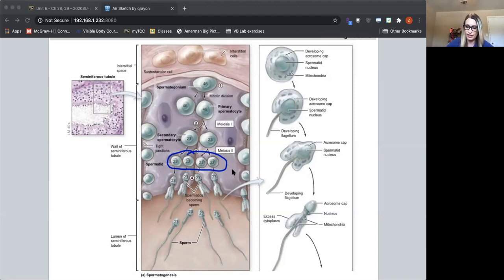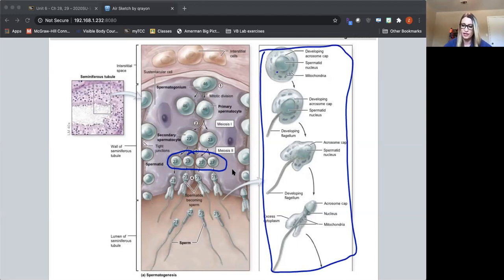And so you can see that here, that's shown right here. You can see that the cytoplasm is rearranging, it's getting smaller. The nucleus becomes the major component of the head of the sperm.